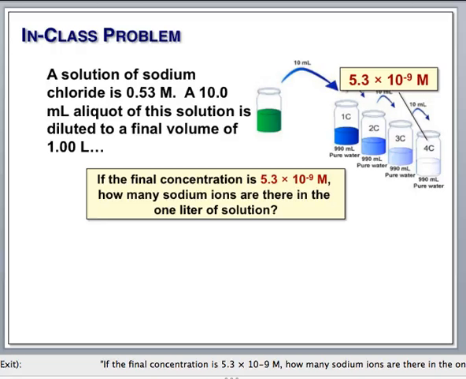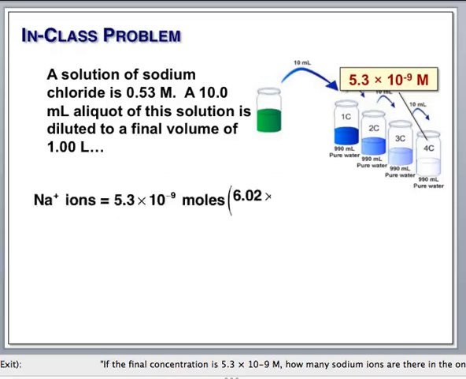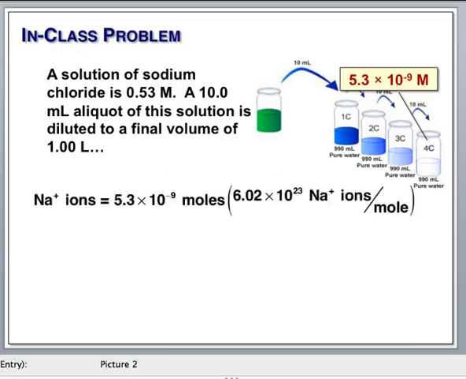Because we know how many moles, and we know how many sodium ions there would be in 1 mole. That's Avogadro's number. So to calculate the number of ions, we take our number of moles times our ions per mole, the moles cancel, and we have about 10 to the 15th sodium ions.